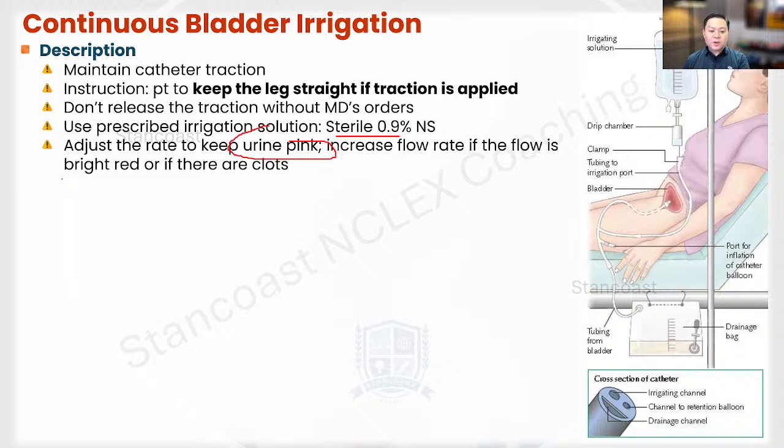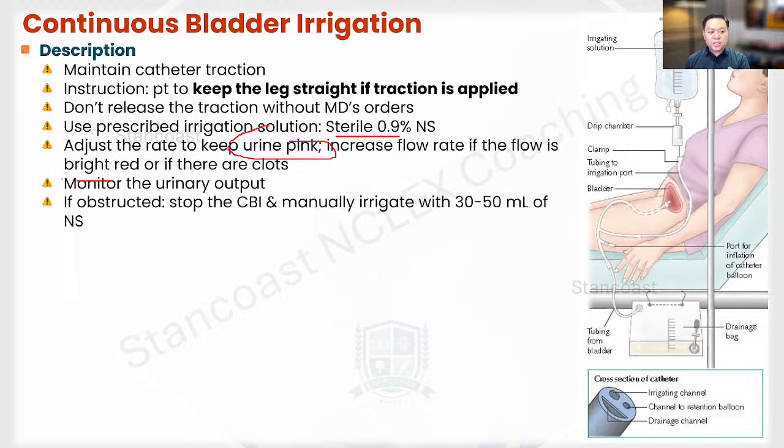So if the color of the drainage becomes bright red, or if there's any clot formation, then we're going to have to increase the rate of the irrigation. And if there is, let's say, obstruction of the outflow, maybe you're not getting any more outflow. So let me enlarge the picture over here.